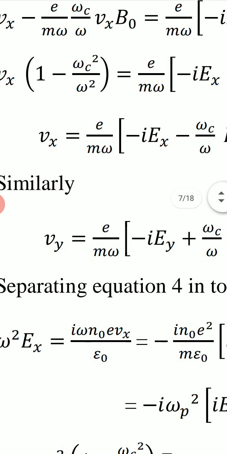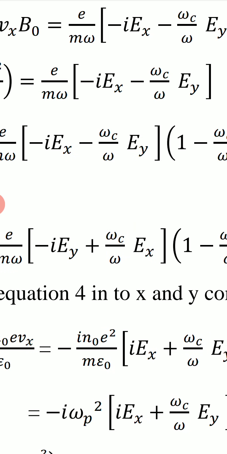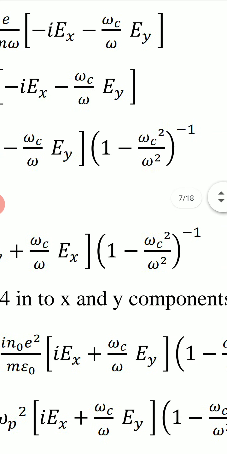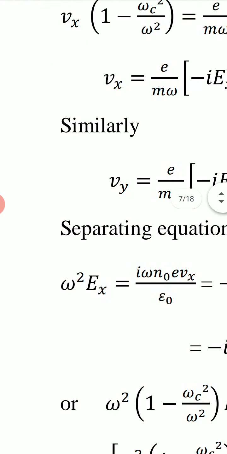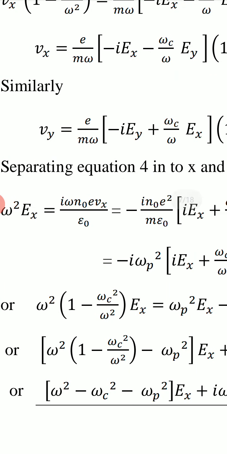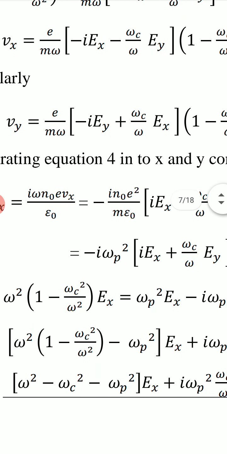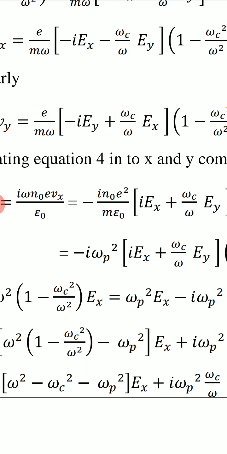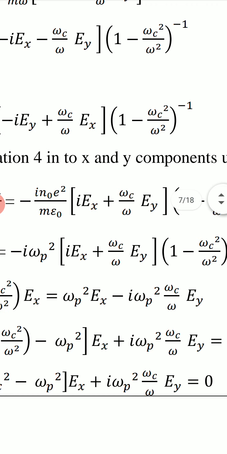So Vx will become e upon m omega into minus i Ex minus omega c upon omega Ey into 1 minus omega c square upon omega square to the power minus 1. Similarly, we can find the value of Vy. Vy will be equal to e upon m omega into minus i Ey plus omega c upon omega Ex into 1 minus omega c square upon omega square to the power minus 1.